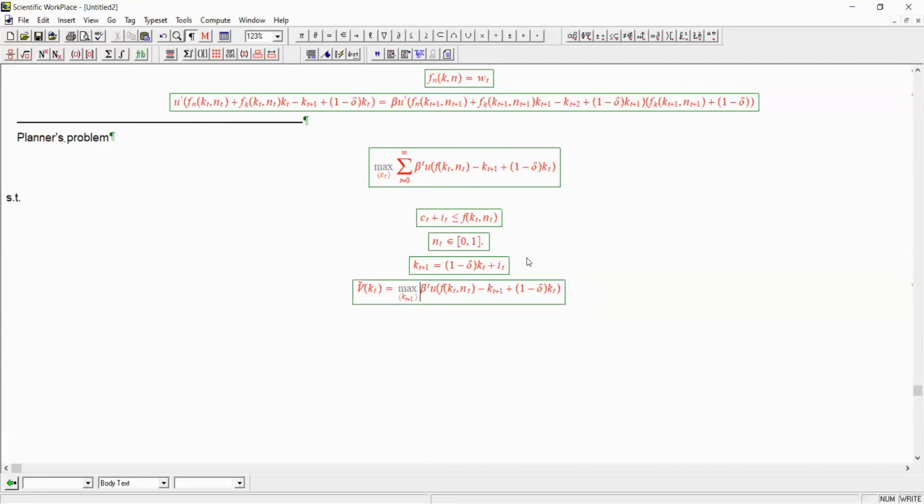Of this plus V tilde tomorrow. There. And what are we going to get?